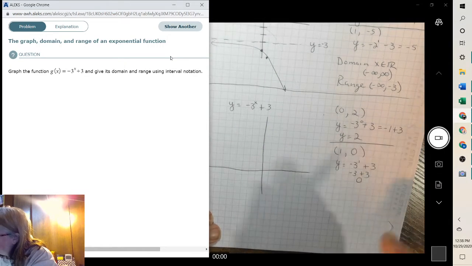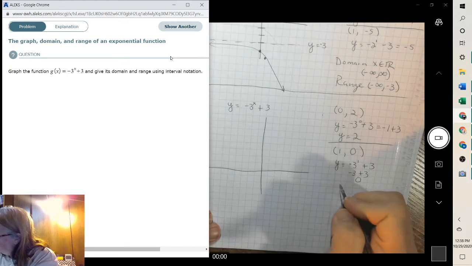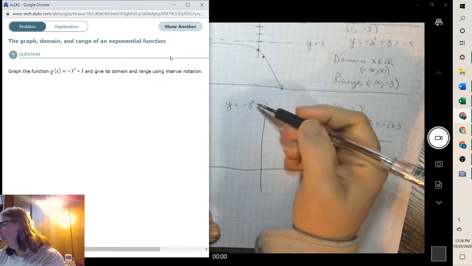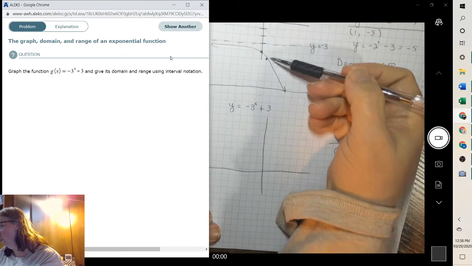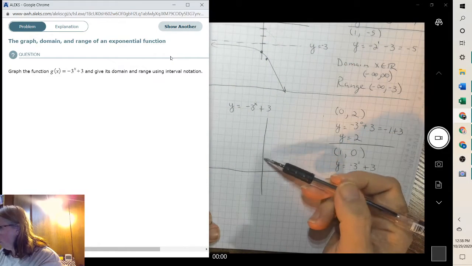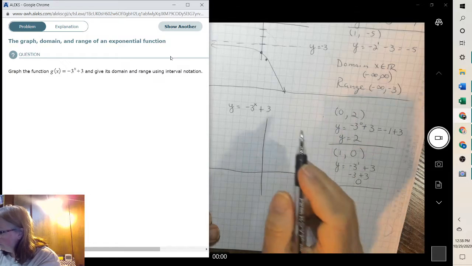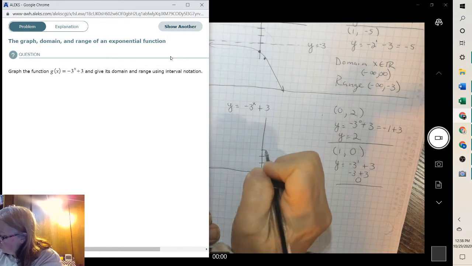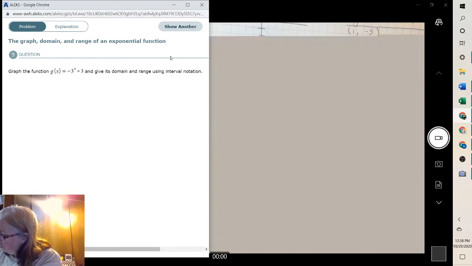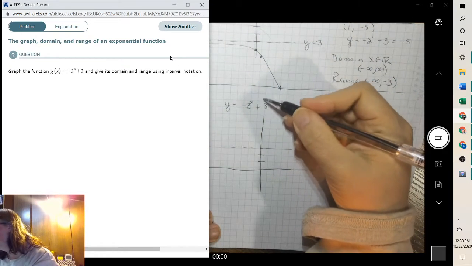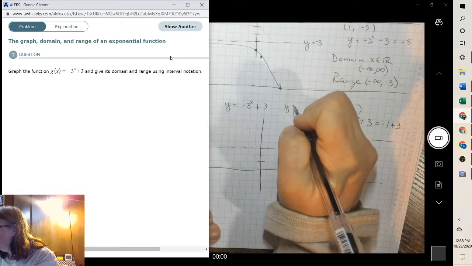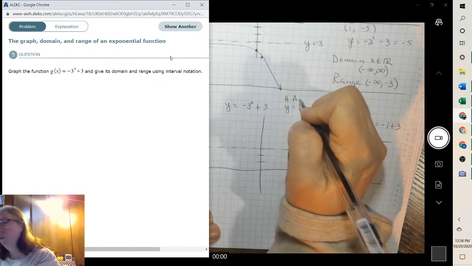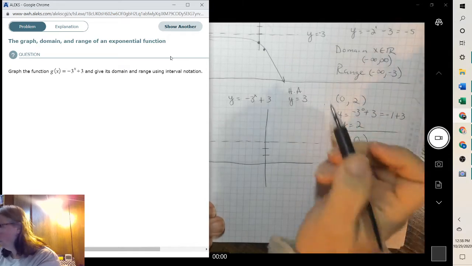Just want to make sure I didn't make a mistake. Okay, so we got those 2 points. Now we know this graph is going this way because the negative flipped it down just like this one. But then it's moving up 3. So our asymptote, which was at 0, moves up 1, 2, 3. When you have this here, this is always going to be the asymptote for the horizontal, whatever's out here.